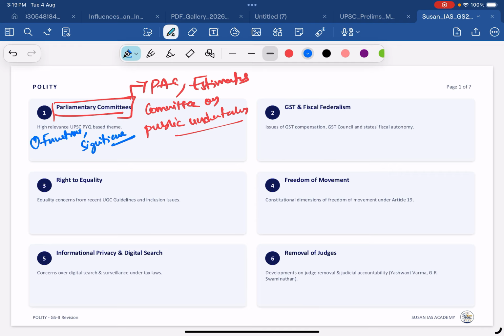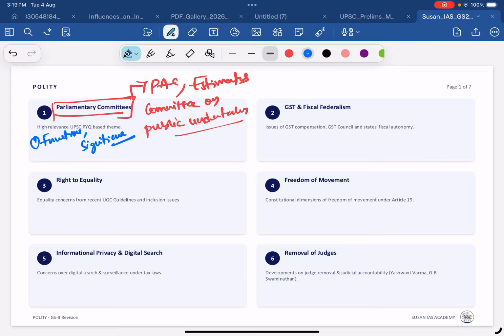Also, what reforms can we take to strengthen this committee system. One has to prepare parliamentary committees in 360 degrees so that one can write their Mains at high speed.